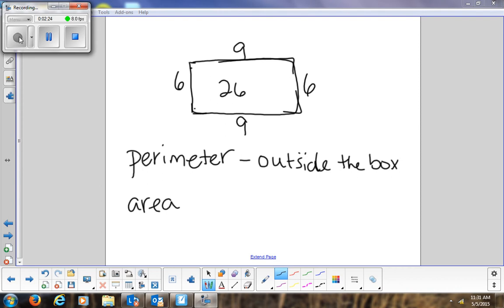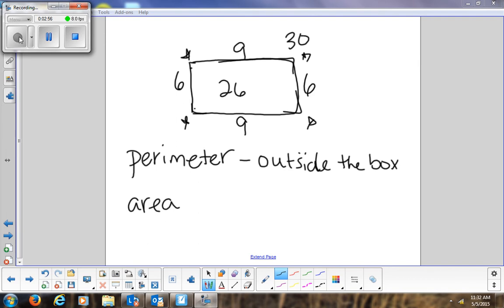Mondragon, if you count the boxes outside of the square, how many do you get? You get 30. So if you count the boxes around on the outside, you get 30, because on the inside you're missing some boxes right here that you would normally count.